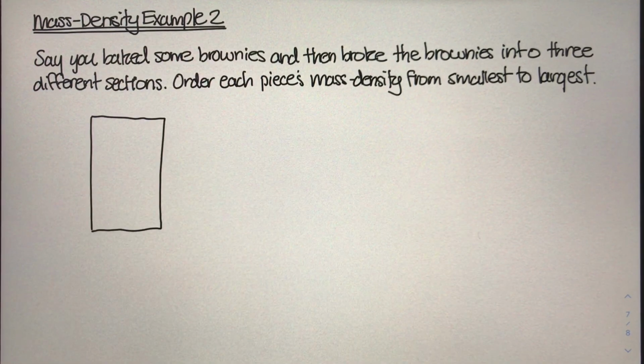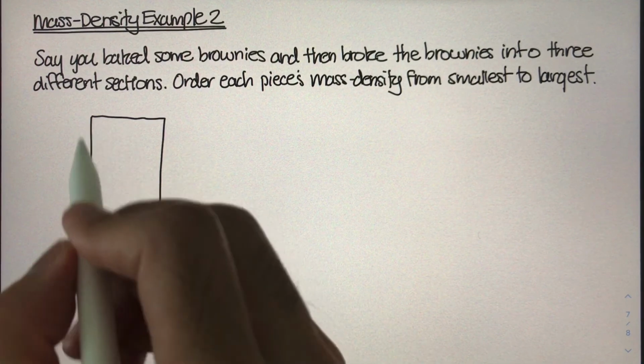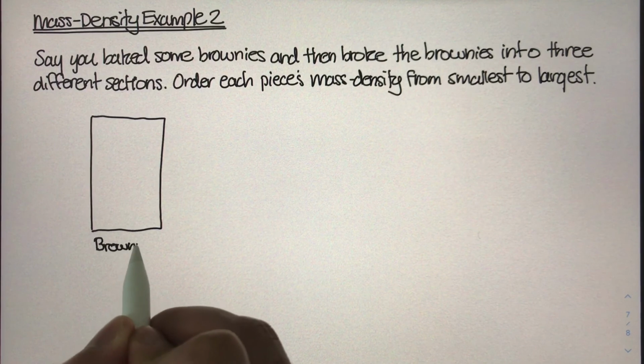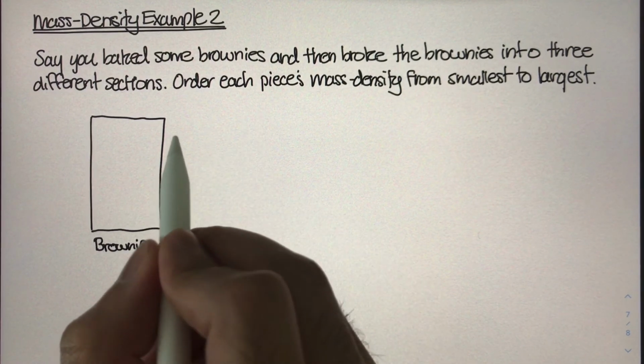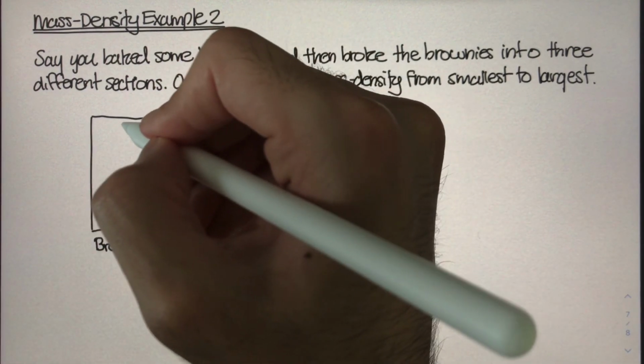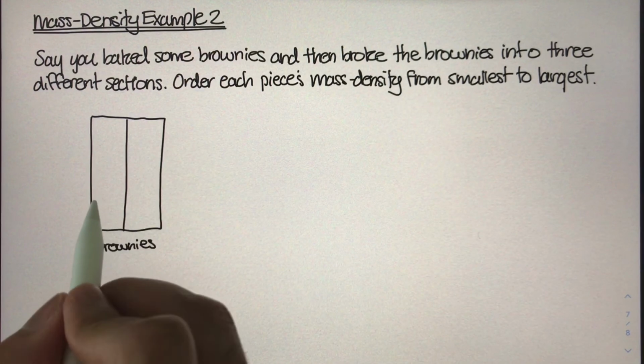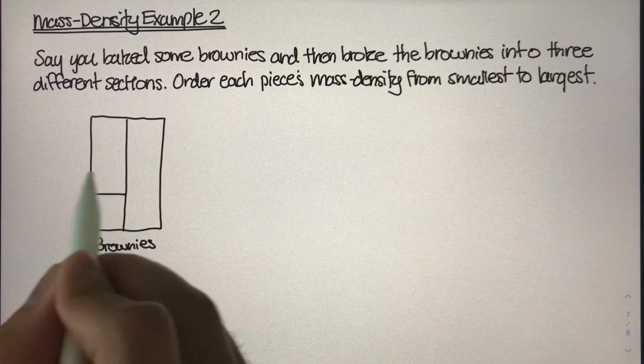So bear with me. Let's say this is your tray of brownies, and you took these brownies and you split it maybe down the middle, and then maybe you just had this uneven piece here.